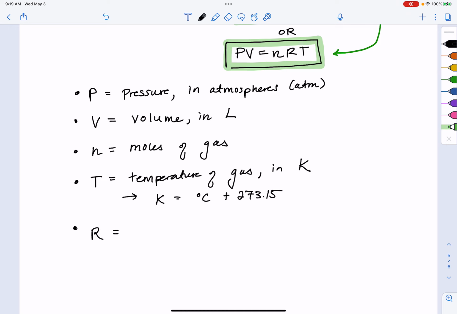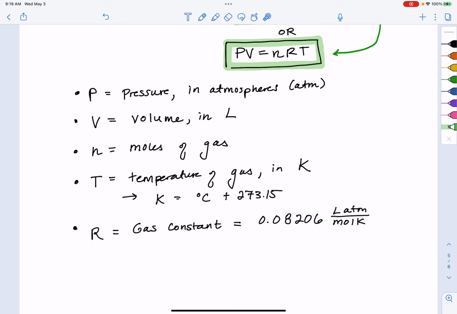Now this brings us to the proportionality constant, R, that relates all of these variables. This is called the gas constant. And using all of these units put together, moles, liters, atmospheres, Kelvin, this is 0.08206, and the unit is liter atmosphere per mole Kelvin.